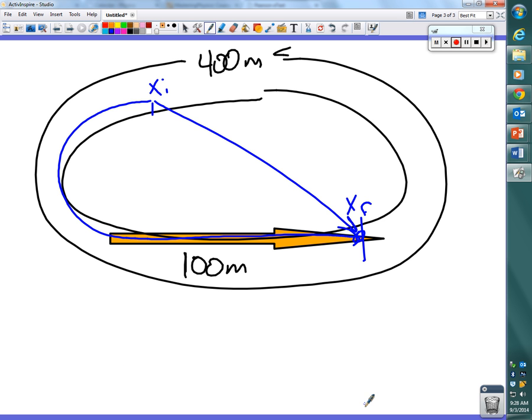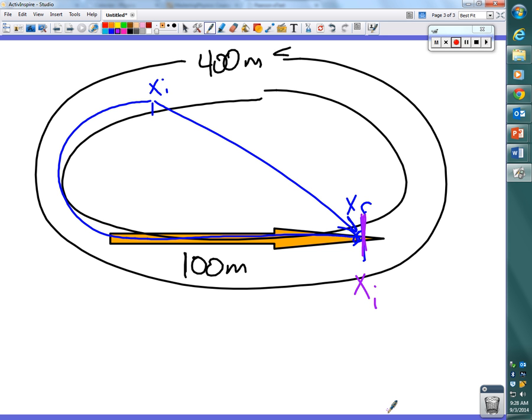Is that 200 meters? No, it's not, because the long way around is 200 meters. That's going to be less than 200 meters. Last one, 400-meter race. What's the displacement then for that one? We can figure it out mathematically.